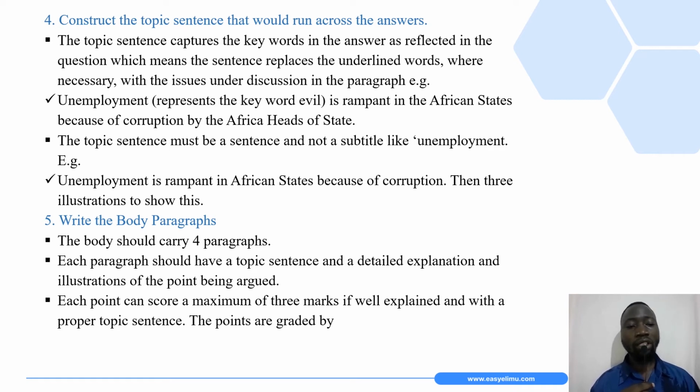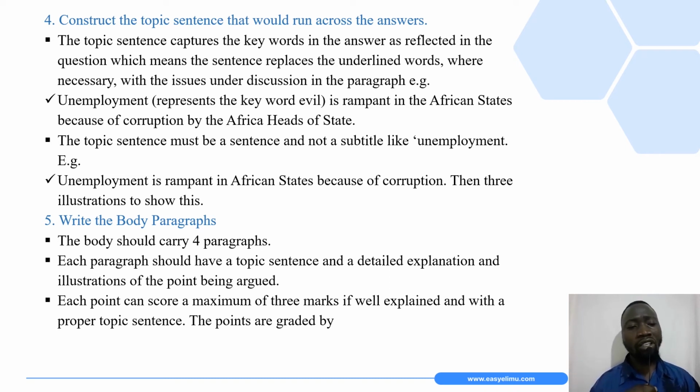The 3 illustrations to show this. So you don't only come up with a topic sentence and leave it that way. After coming up with a topic sentence, you have to illustrate. So in this case, you'll have to illustrate how corruption has led to unemployment being rampant in African states.